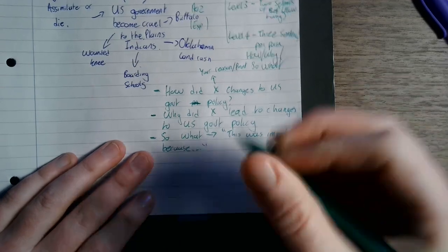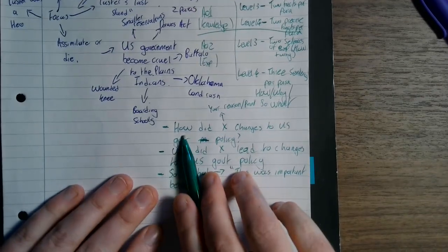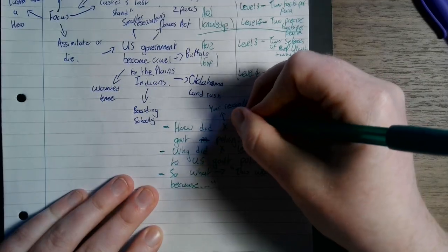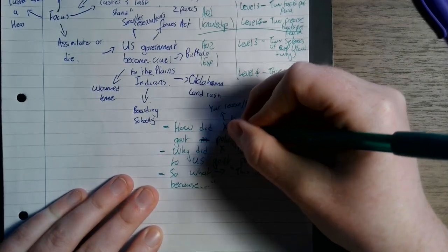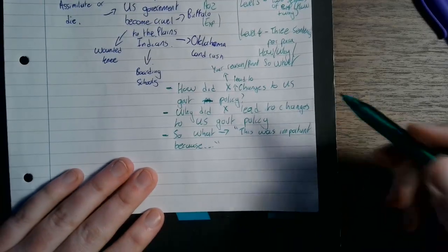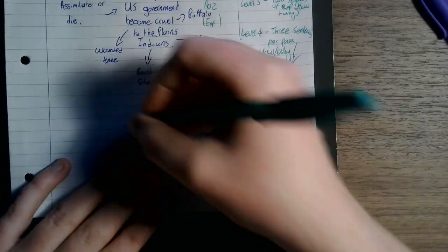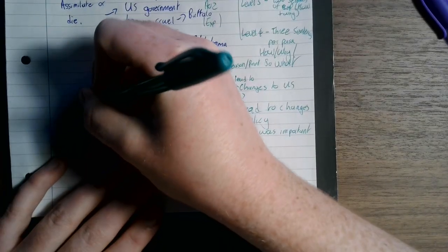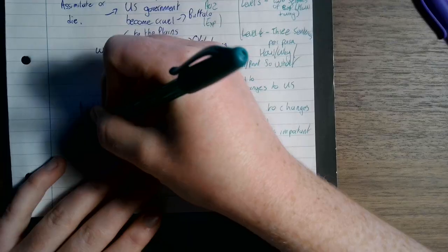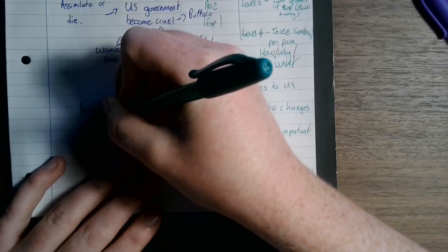All right, and that is your so what there. I've just acknowledged here, this question doesn't make any sense. So how did X lead to changes in US government policy? It's really, really simple. And that is something called analytical explanation, which is exactly what the exam board is after.